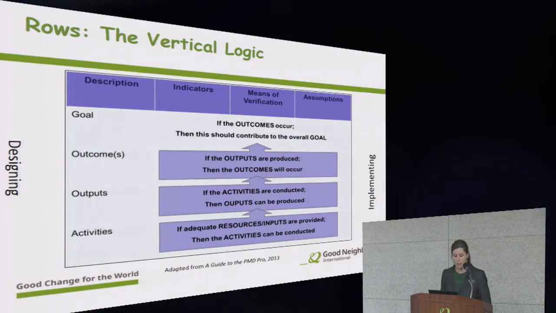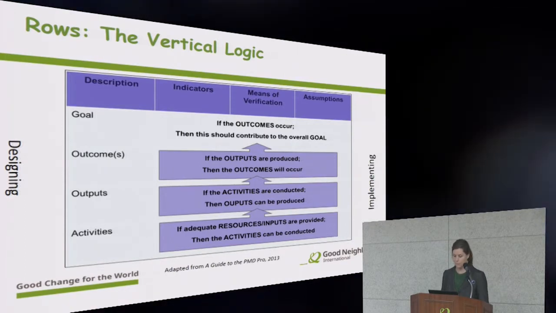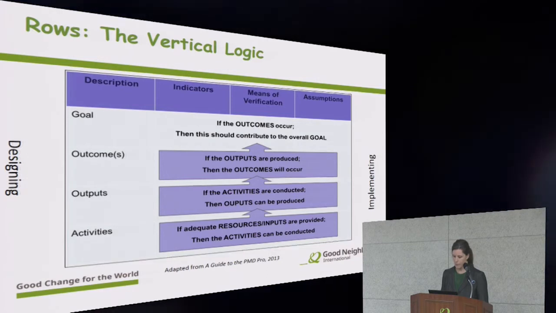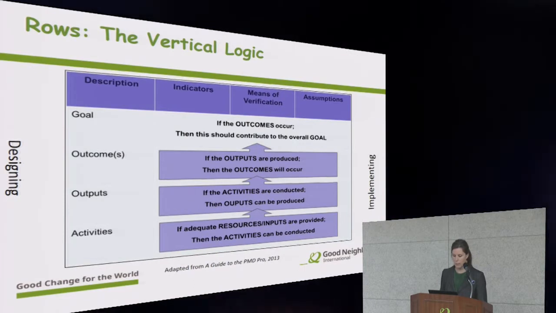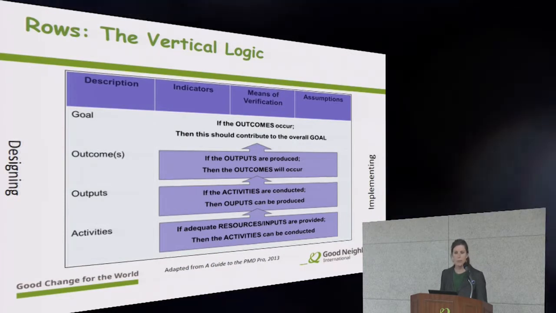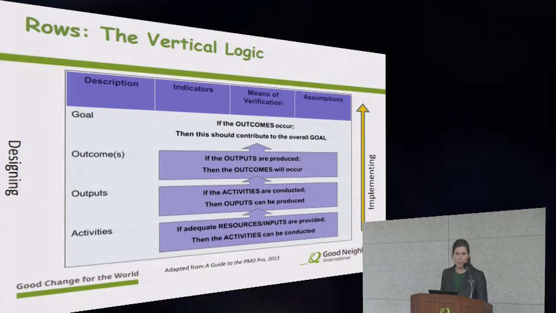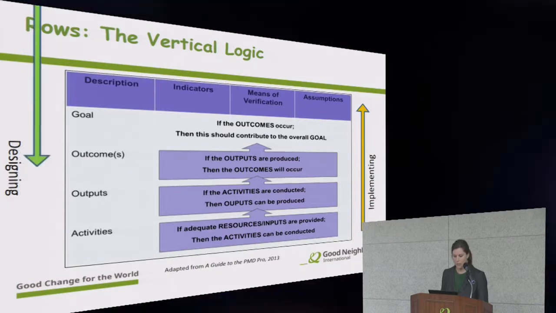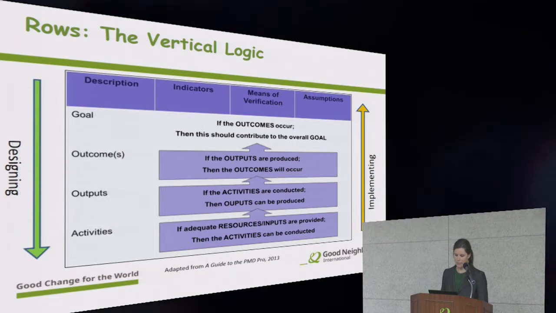And if the outcomes occur, then this will contribute towards the overall goal. So while project implementation takes place from bottom to top, so starting with activities, the designing actually should take place from top to bottom. So we'll discuss how to do that now.